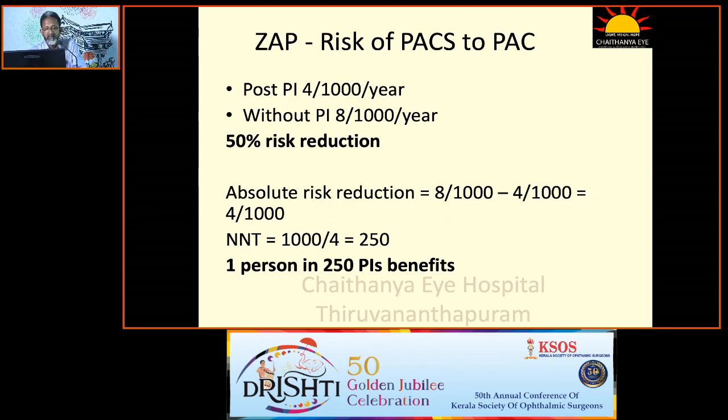So they came up with an NNT of 1 in 250 person-years would benefit if we do a PI on all with PACS.